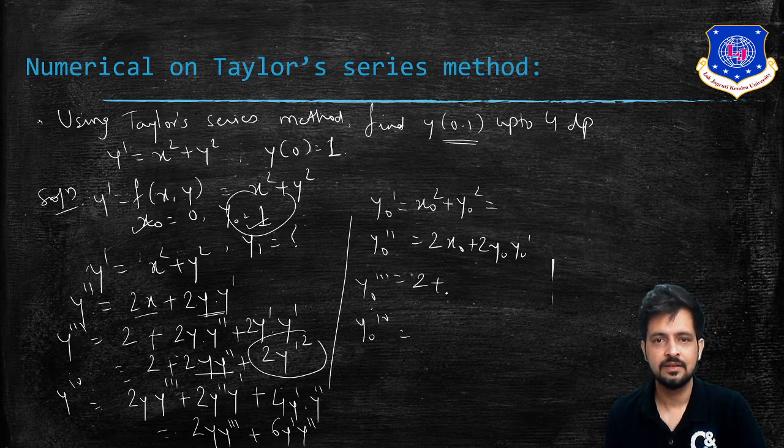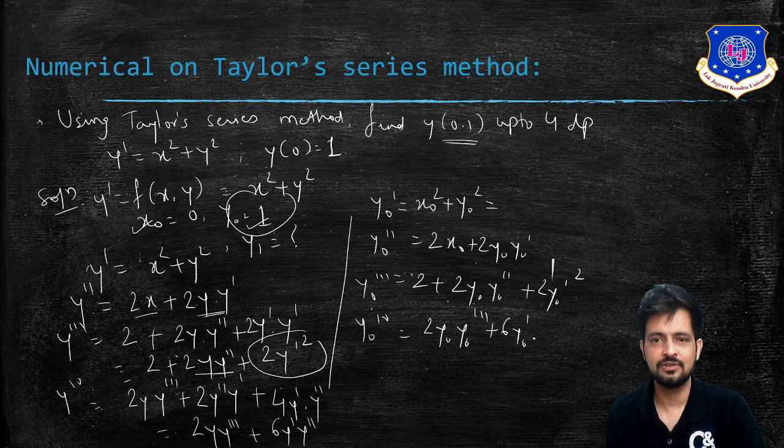Then y0 triple dash is 2 plus 2y0 y0 double dash plus 2y0 dash square, and the fourth derivative is 2y0 y0 triple dash plus 6y0 dash y0 double dash.